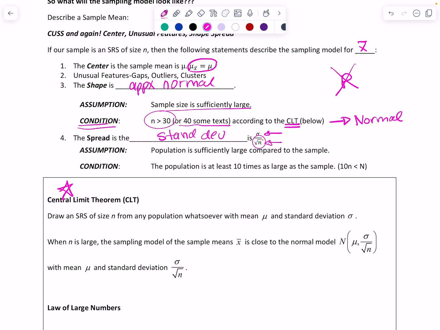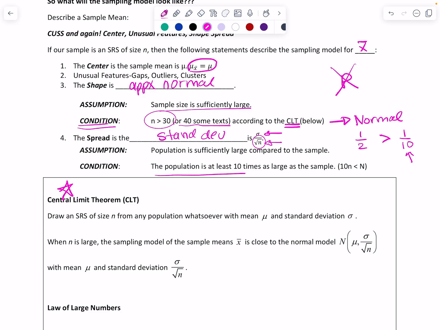When I divide by a bigger number, think about it, 1 divided by 2 is much bigger than 1 divided by 10. When I divide by a bigger number, I'm getting a smaller standard deviation, which is good because the average data distance is going to be closer to the mean. So the bigger the sample, the better.